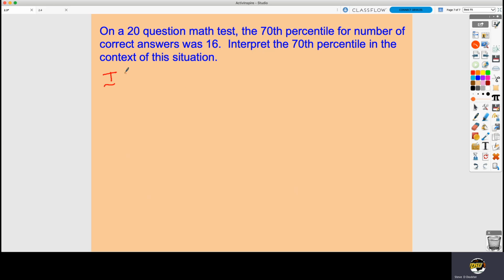So you would say if you were over the 70th percentile, then you had more than 16 answers correct.